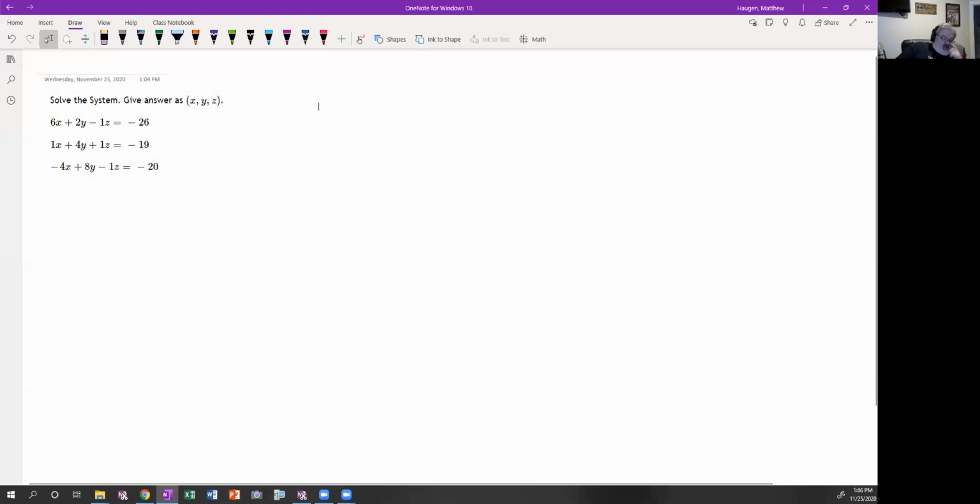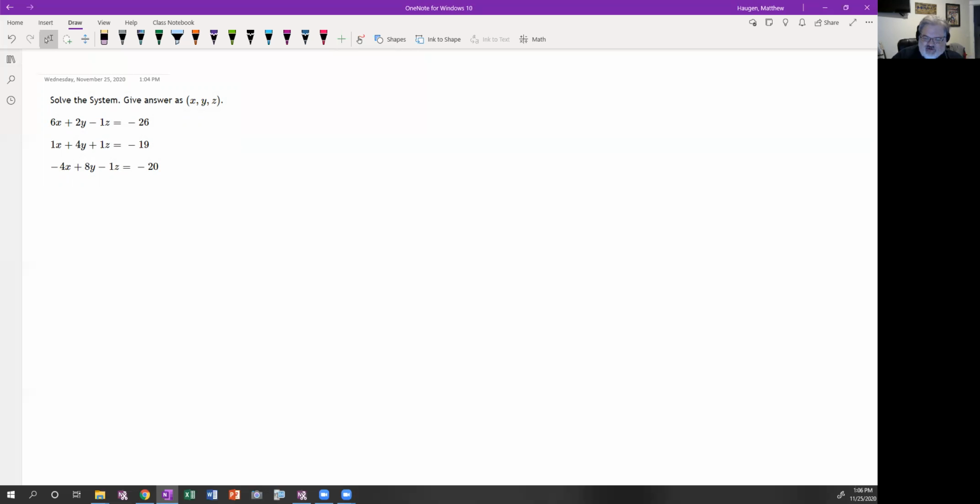So as I said, one of the biggest things here tends to be organization. There are technically some options on how you want to go about this. From 9.1, we did have the substitution method or the elimination method. It is possible to do these by substitution, but it is long, arduous, and horrible.